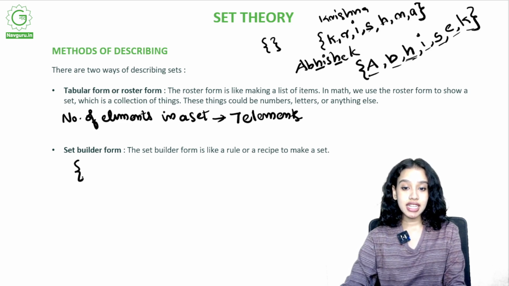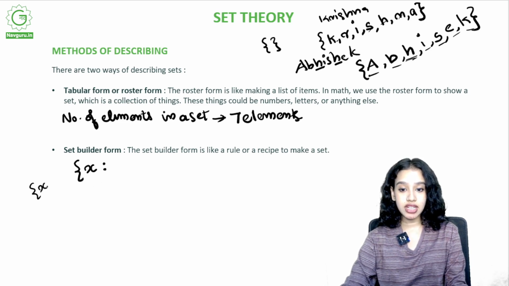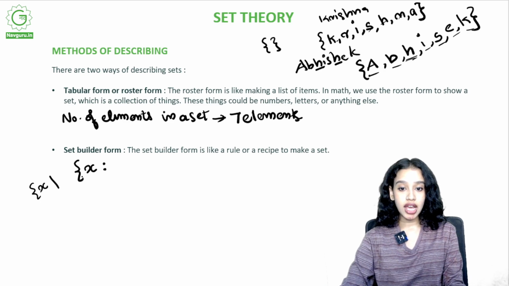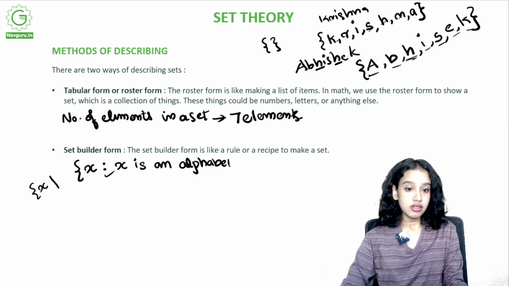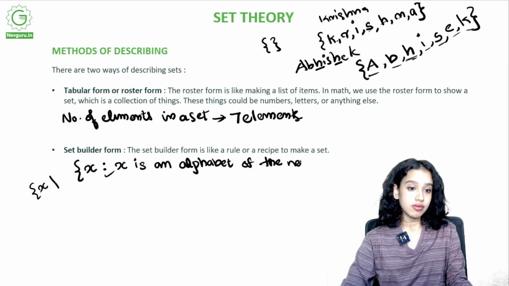So we could write it as X such that, either you could use this symbol or somewhere this symbol is used. I prefer using this one. So let's use this. X such that X is an alphabet of the name Krishna, right?